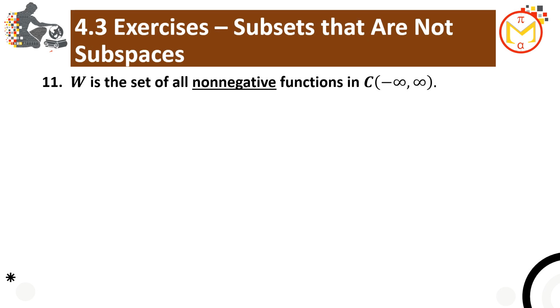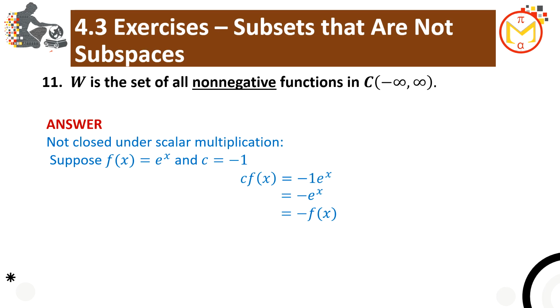Another one, non-negative. W is a set of all non-negative functions. Again, with the given, it will not be closed under scalar multiplication, because if my C is negative, then what happened to my function? It will become negative. Like in this case, my C is negative 1, C times my f of x is e raised to x. Remember, we're talking about continuous functions here.